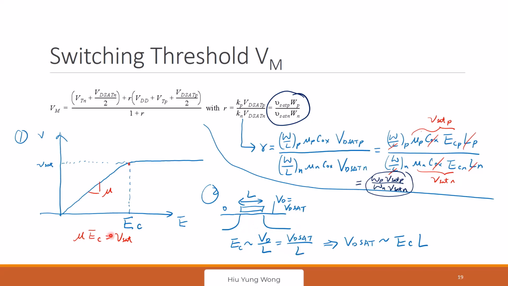And similarly, the saturation velocity is just the critical electric field times the mu, just this linear relationship. That's why this R is also equal to this, which will be useful in future derivations. Any question on what I'm deriving?